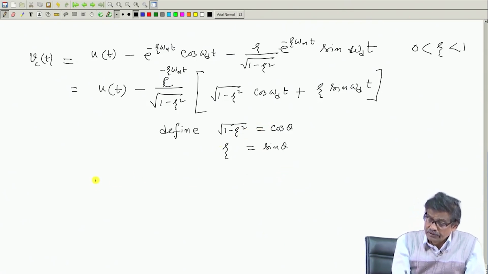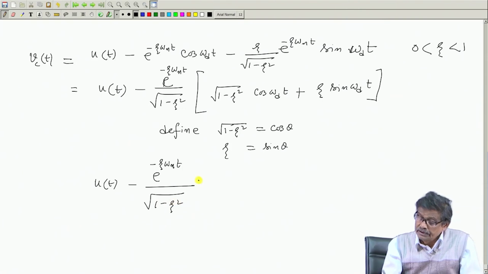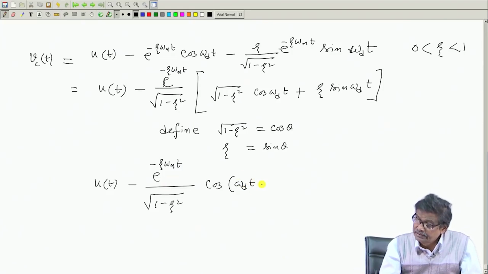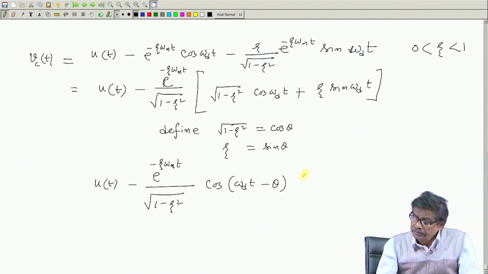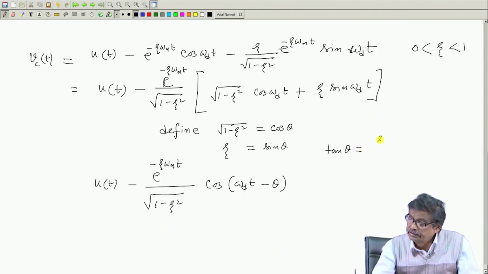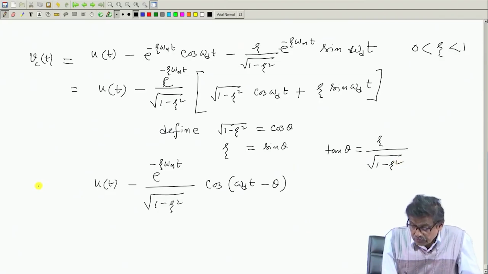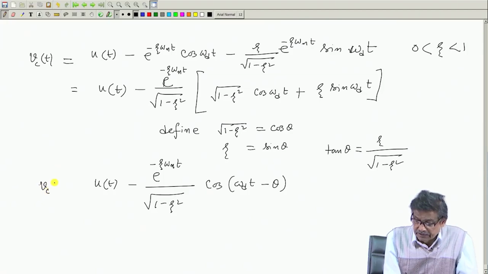So, in that case I will write it as u(t) minus e to the power minus zeta omega n t over root over 1 minus zeta square into cos of omega d t minus theta, since cos a cos b plus sin a sin b is cos of a minus b. Got the point? What is tan theta? Tan theta is zeta by root over 1 minus zeta square. So, this will be the capacitor voltage VC(t) finally.